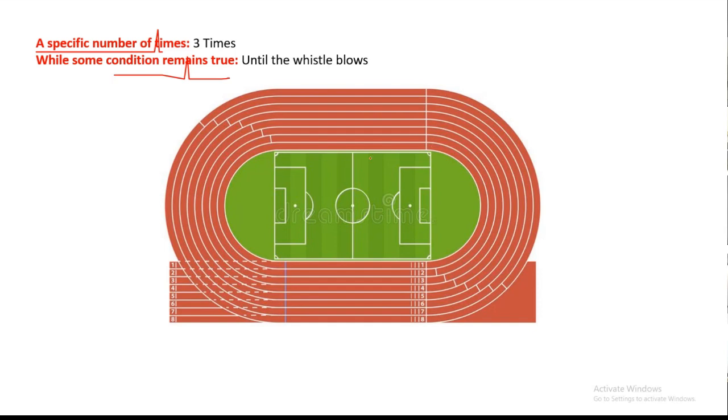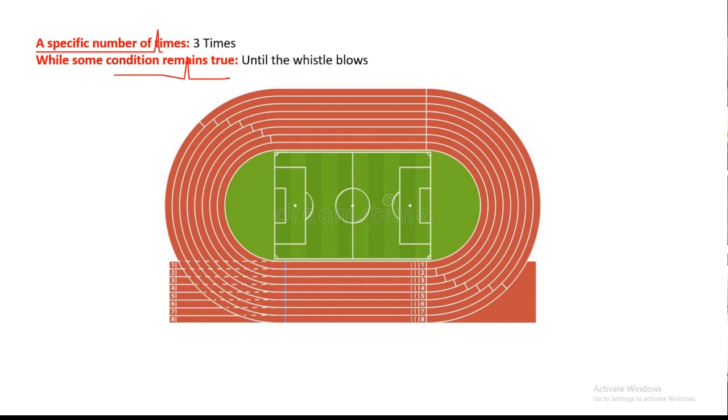Another thing the coach can say is, run around this place until the whistle blows. Then the sportsman will understand that he will run around the place, but will not know how many times. He will run until the whistle blows.